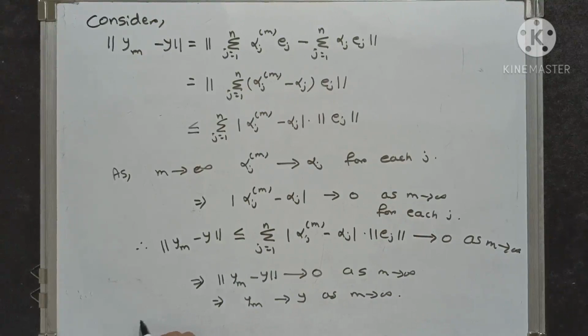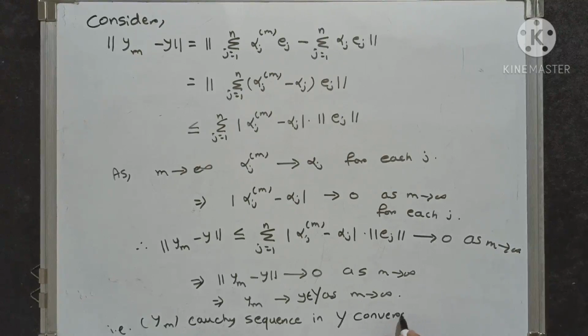Now we started with the sequence ym. It is a Cauchy sequence in Y, and we get that this Cauchy sequence in Y converges to the point y, which is an element of capital Y. That is, the sequence ym, a Cauchy sequence in Y, converges in Y. And as the sequence ym was an arbitrary Cauchy sequence in Y, and this arbitrary Cauchy sequence in Y converges in Y, it implies that capital Y is complete.